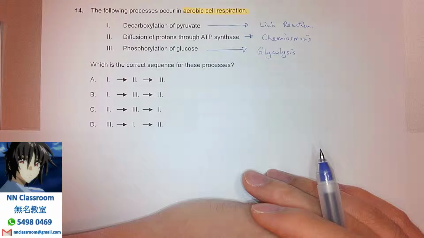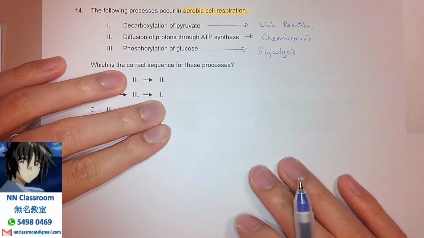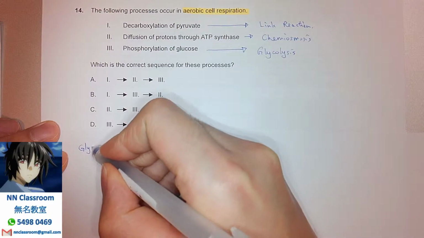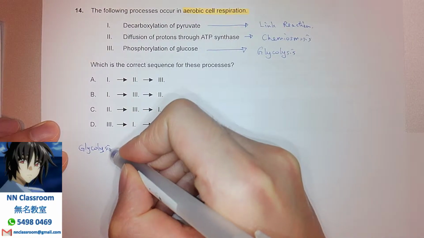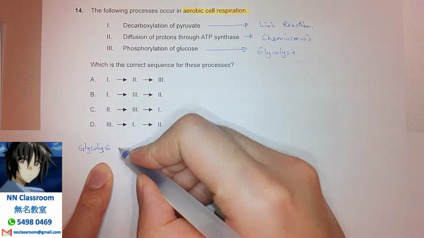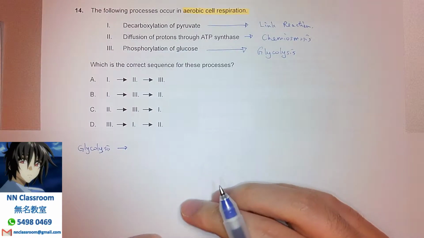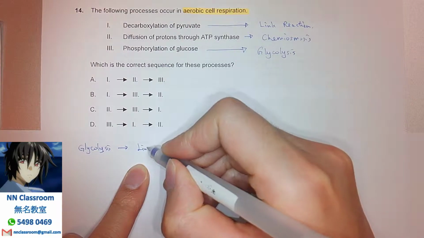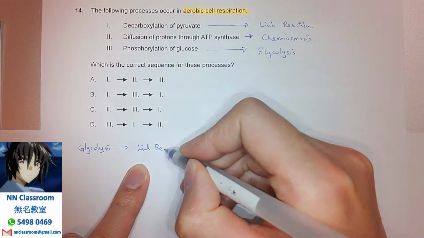So students, if you still remember, the whole process of respiration starts with glycolysis, which results in molecules of pyruvate, and pyruvate will then diffuse into the mitochondria for further reaction, but beforehand it undergoes a link reaction, right?